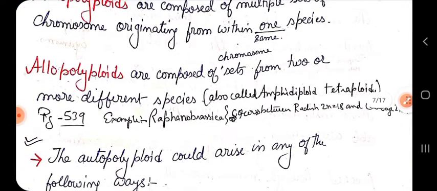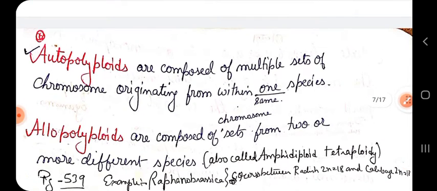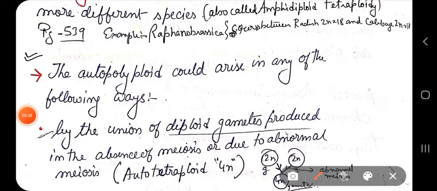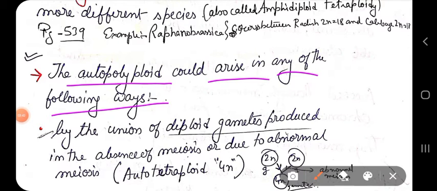Now I am going to discuss autopolyploids first. I have said that autopolyploids are composed of multiple sets of chromosomes that originate from within the same species, and how are they created? These autopolyploids arise in any one of the following ways. First way: by the union of diploid gametes produced in the absence of meiosis or due to abnormal meiosis.